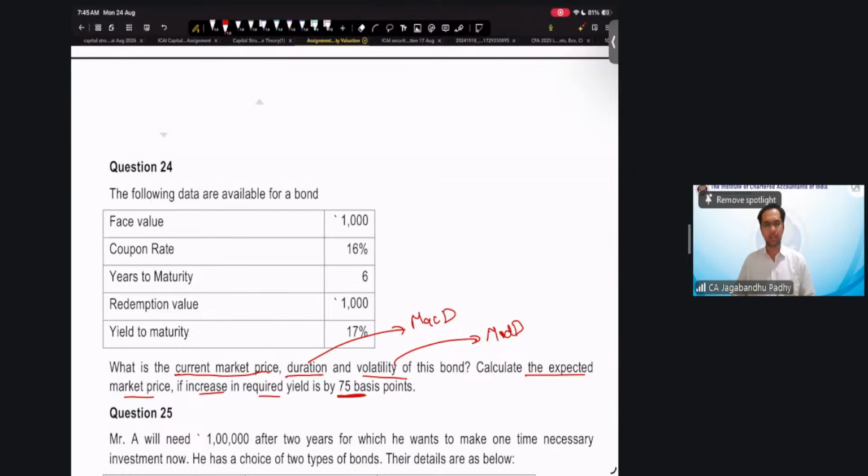So that will be the expected change, and then after the expected change, you calculate the expected price. Try to solve this. After that, we have to do quite a few questions ahead.